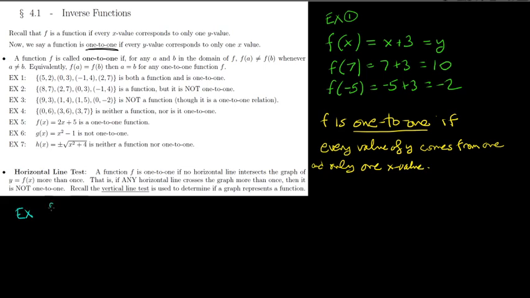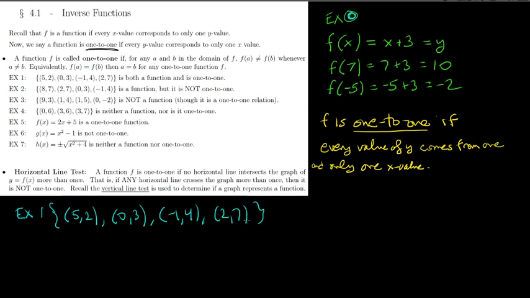I'll call the earlier function example 0 up here, and this will be example 1. So we have 5, 2, 0, 3, -1, 4, and 2, 7.